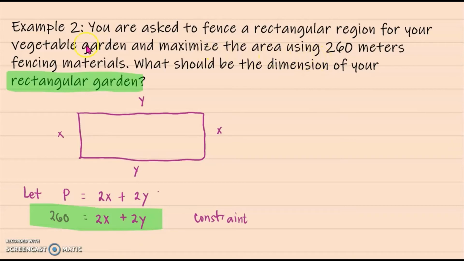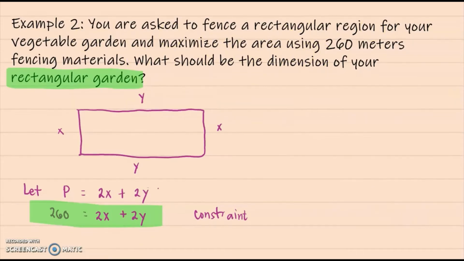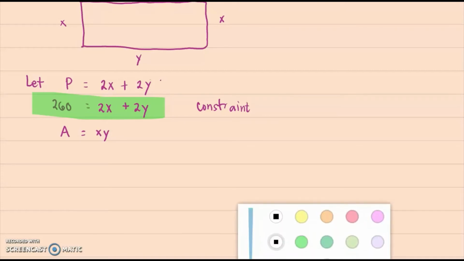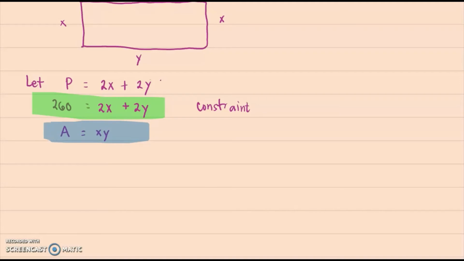Since we used x and y as dimensions of our rectangular garden, our area is equal to x times y. That's basically the formula for area, and that is our optimization equation.